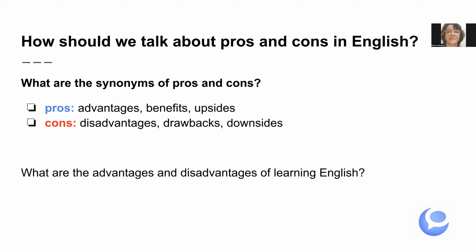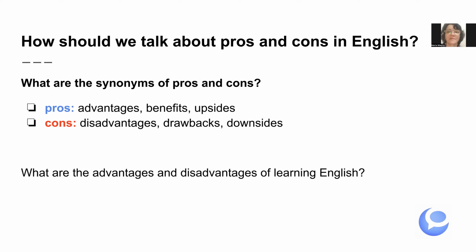Exactly, yes. So basically what they want is a balanced argument. They don't want you to only talk about one side. It needs to be balanced. The pros and the cons, the advantages and the disadvantages. So good things and bad things. They want you to give an equal argument, a balanced argument, and to talk about both sides of the argument.